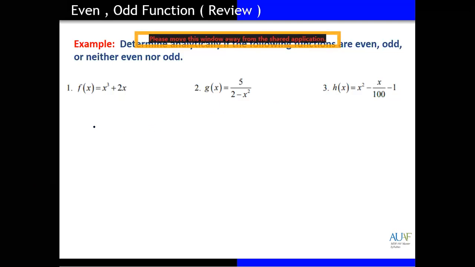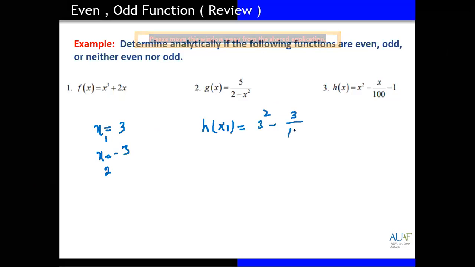Let's suppose we give two values, 3 and minus 3, x1 and x2. So first one, h of x1 equal to 3 square minus 3 divided by 100 minus 1.